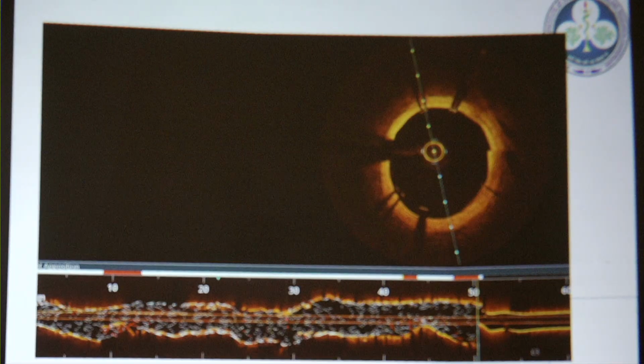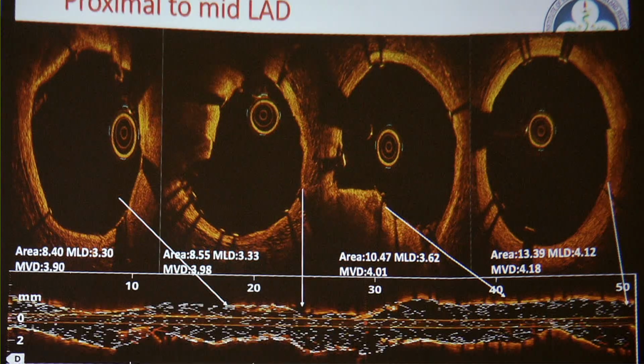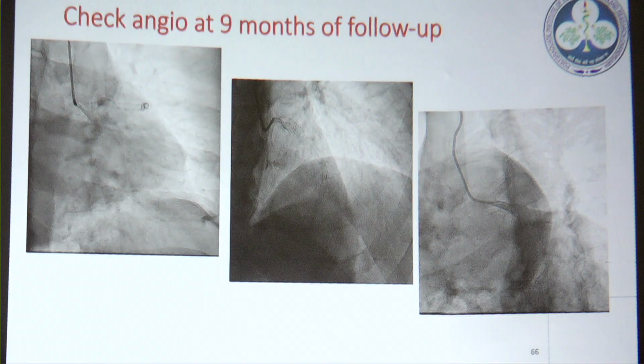So out of the 8, we now had 4 residual nodules, and the areas we have achieved across them are 6.95, 9.67, 10.47. So these are good areas after the balloon dilatation across these calcified nodules.